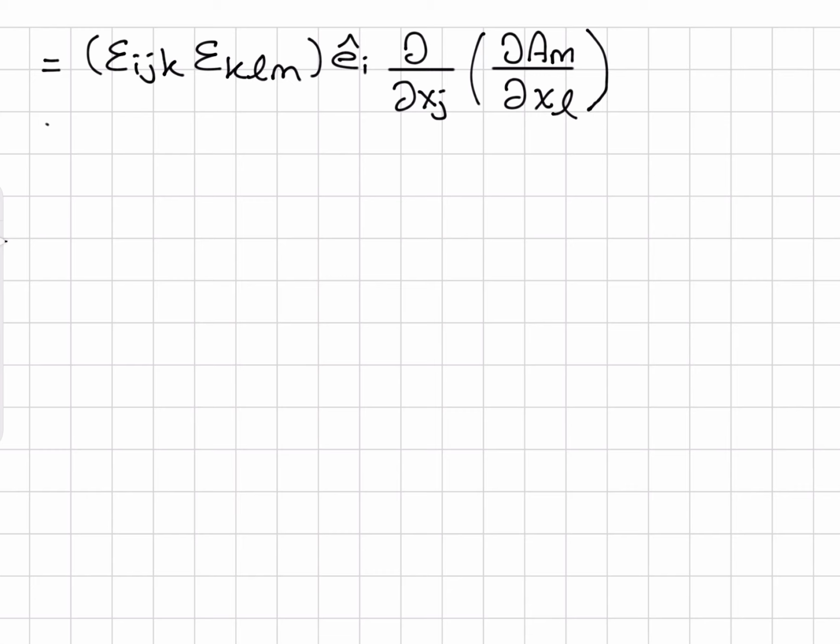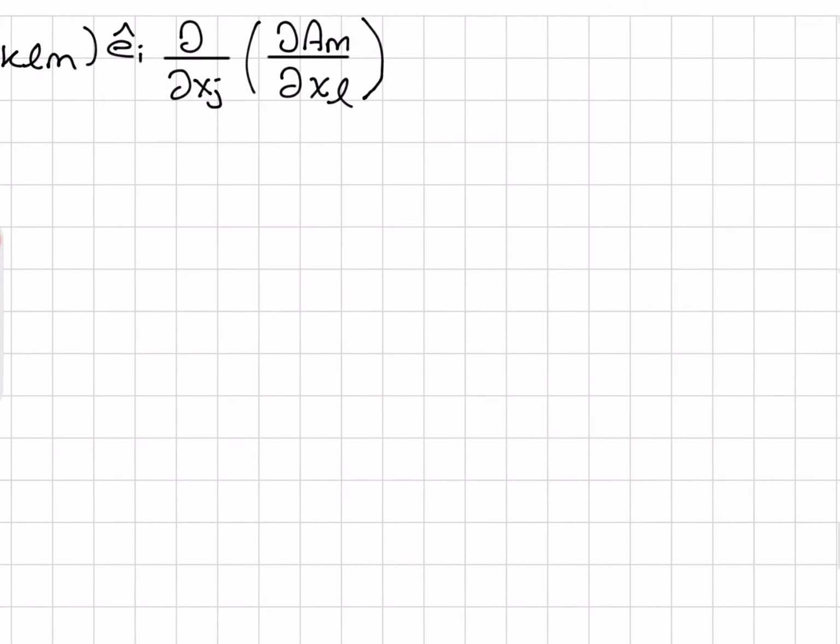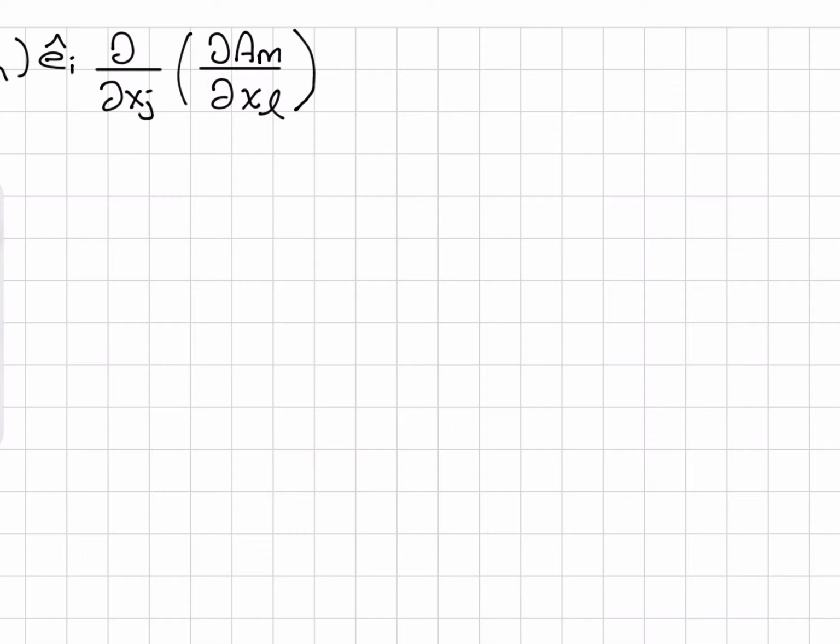Now we can change the order from klm to lmk. So remember that we have this cycle where if we're going from k to l to m, this is all going to be plus 1.